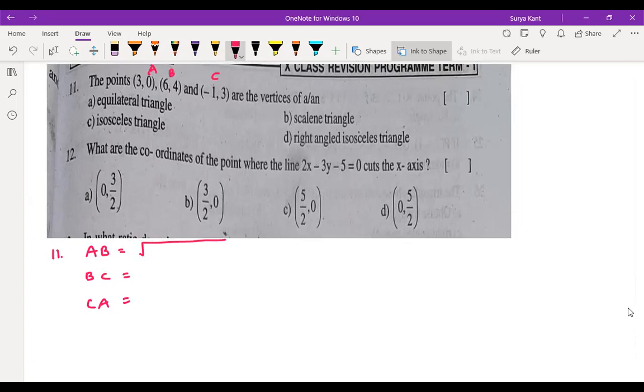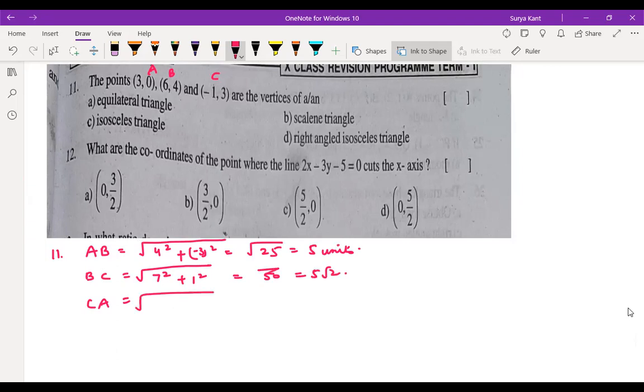3 plus 1, 4 square, and 0 minus 3, minus 3 square. So we'll get 16 and 9, 25. Your answer is 5 units for A to B. Now B to C is what? 7 square plus 1 square, that will be 49 plus 1, 50, root over 50, so 5 root 2.